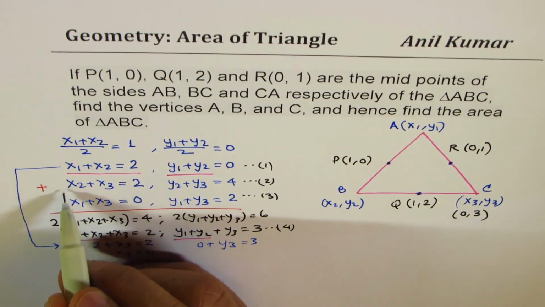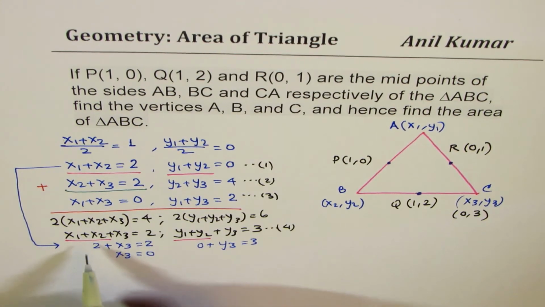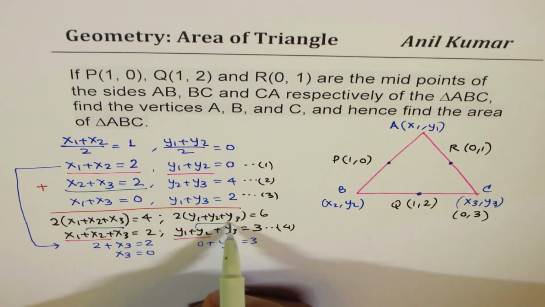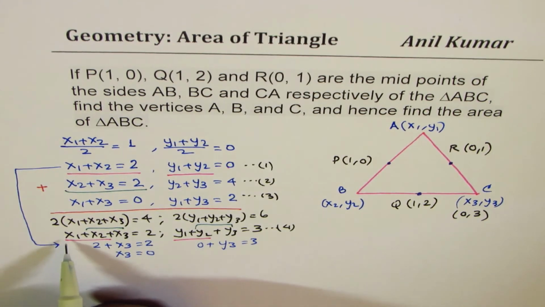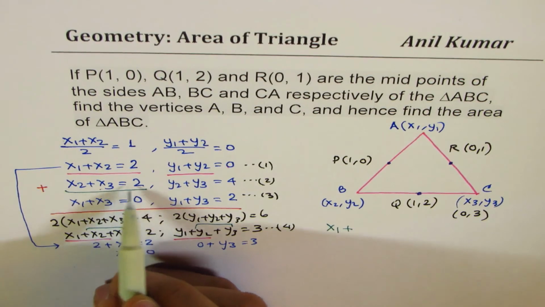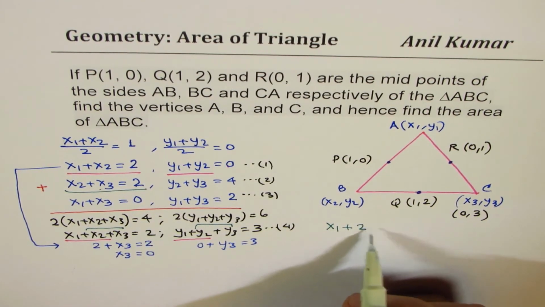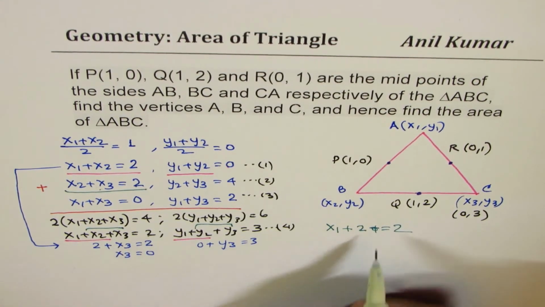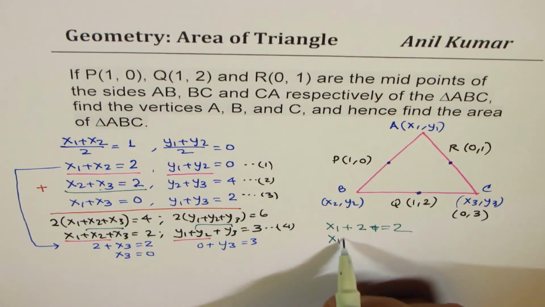Now similarly, I'll do the next substitution. Let me do it in a different ink, which is this. So if I substitute x2 and x3 and y2 and y3, what do I get? I get x1 plus x2 plus x3 is 2. So I'm writing 2 here equals 2, right? So from here I get x1 equals 0.